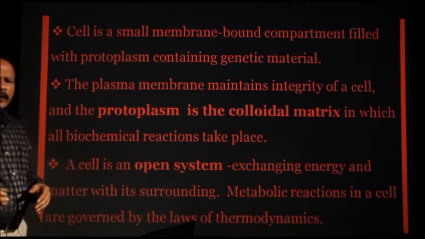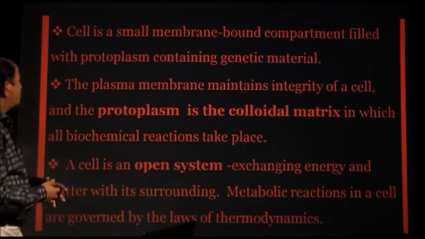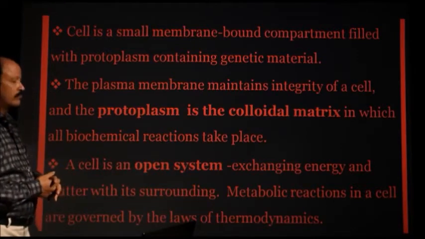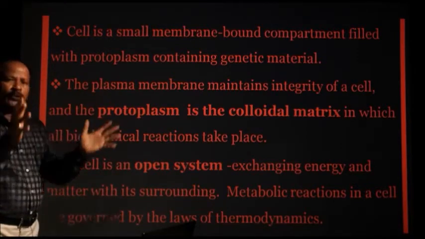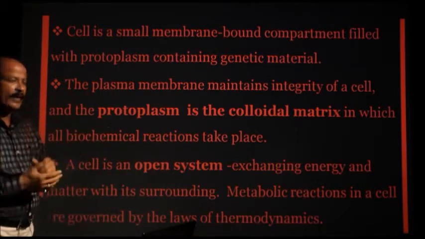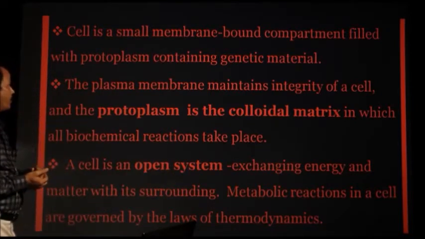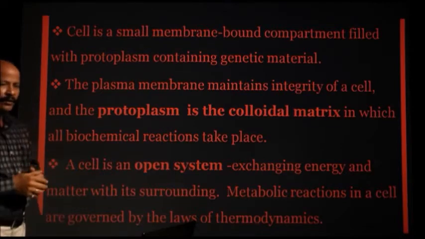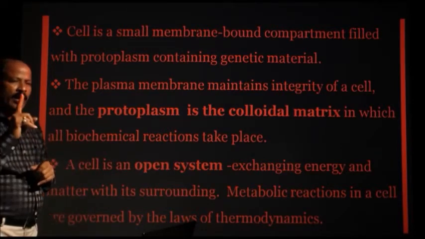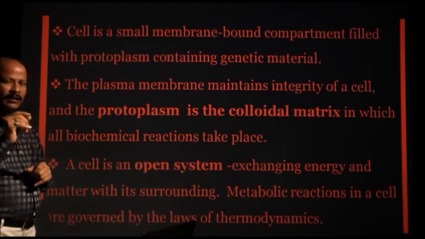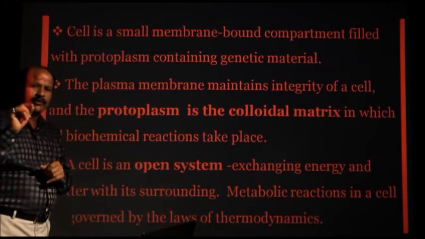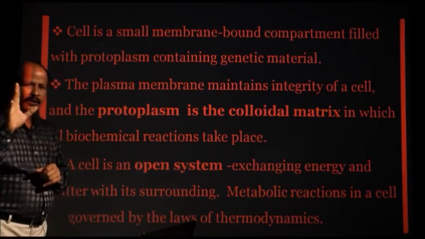Then what is a cell? A cell is a membrane bound compartment. It has a boundary, a confinement provided by the plasma membrane, and within that it has protoplasm. In the protoplasm it must have the genetic material, and all cells in and around us have genetic material, that is DNA.